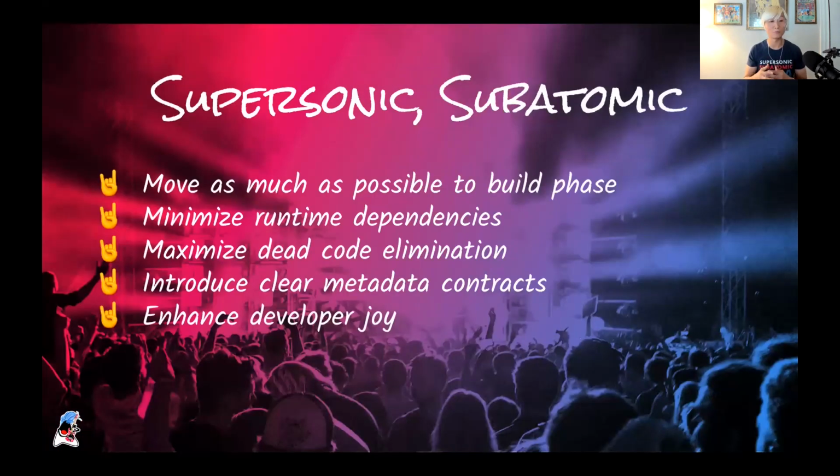Here are a few bullet points on why Quarkus is called supersonic and subatomic: Quarkus tries to move as much as possible to the build phase. Everybody knows that when you run a Java application, behind the scenes there is a lot happening underneath. For example, parsing annotations, descriptor scanning, enabling and disabling specific features, and loading the actual business logic using a process or thread.